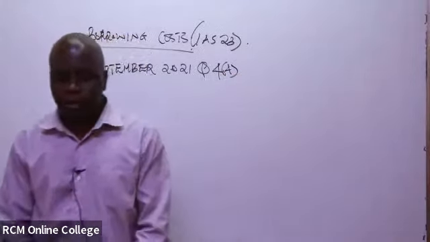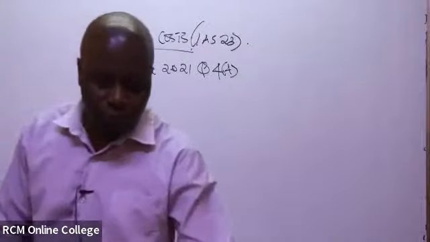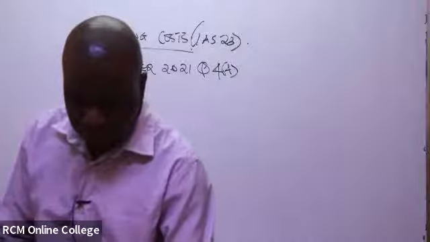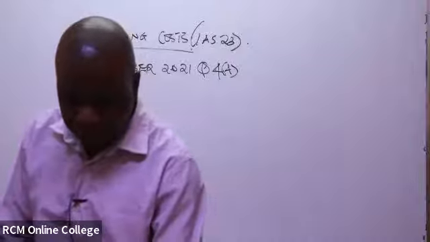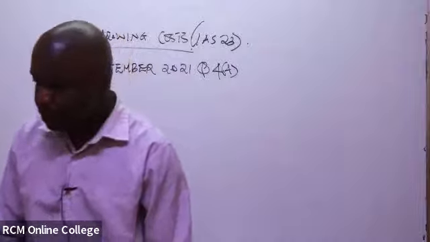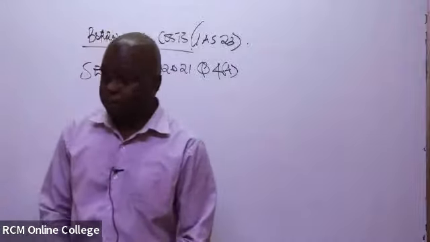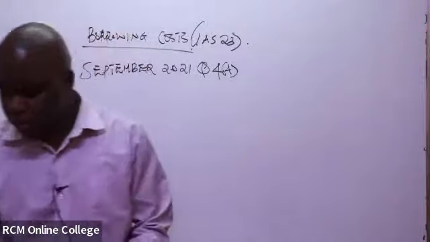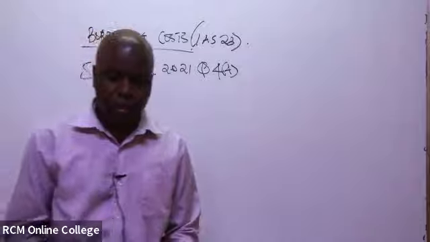So I want you to confirm whether you've been able to access the past paper so that we can move together. You just say yes in the chat so that I know, so that we start looking at the question.